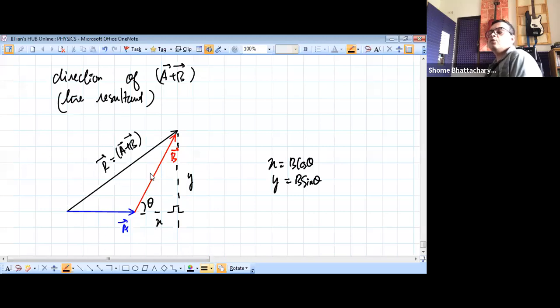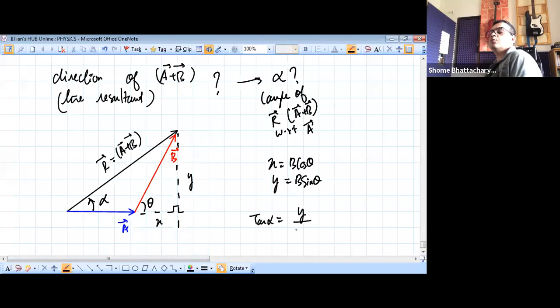Of course, this was a. Now for direction, we also need to calculate this angle alpha. That is the angle of the resultant, that is A plus B, with respect to the vector A. So how will we calculate that? Now look at this larger right angle triangle.